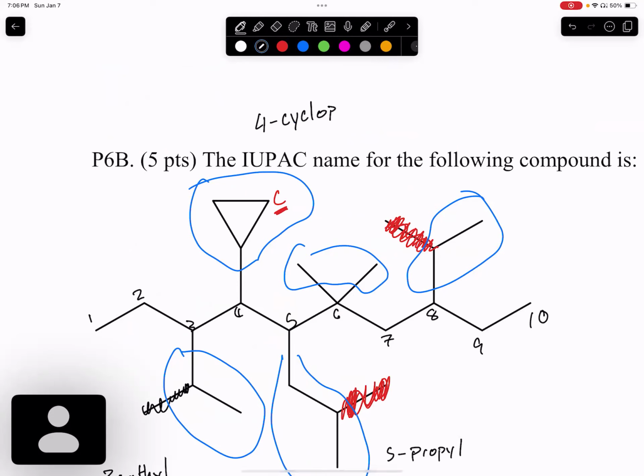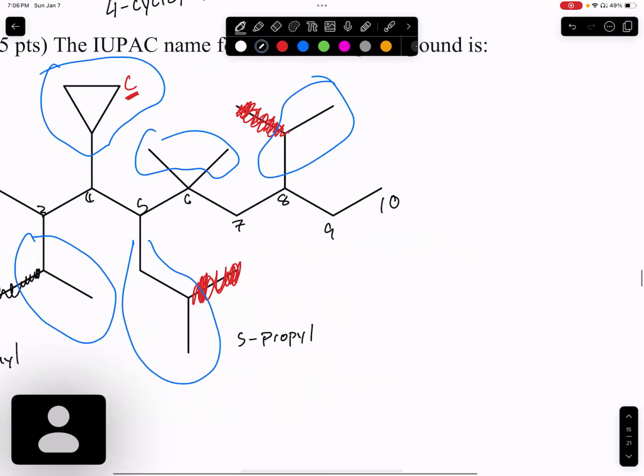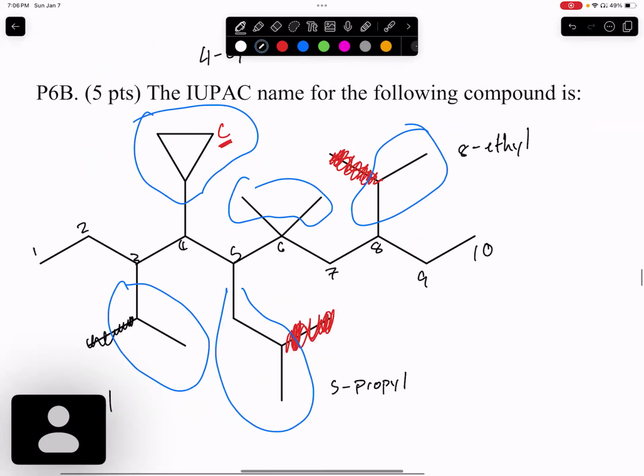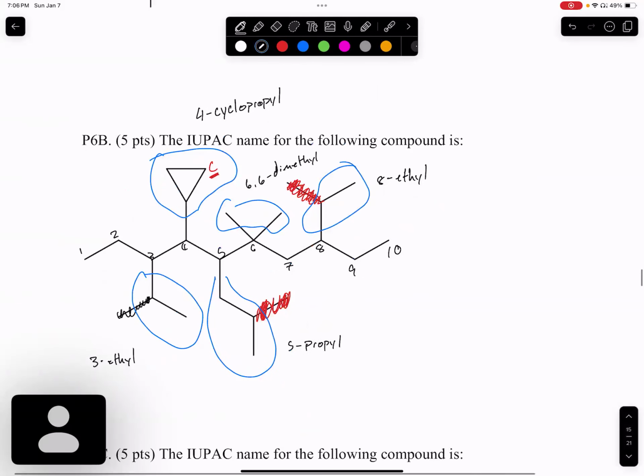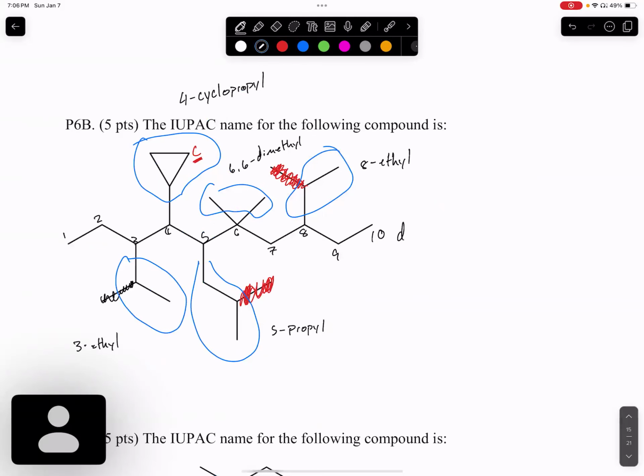Cyclopropyl. And 8 would be 8 ethyl. And 6 would be 6 methyl. Dimethyl.